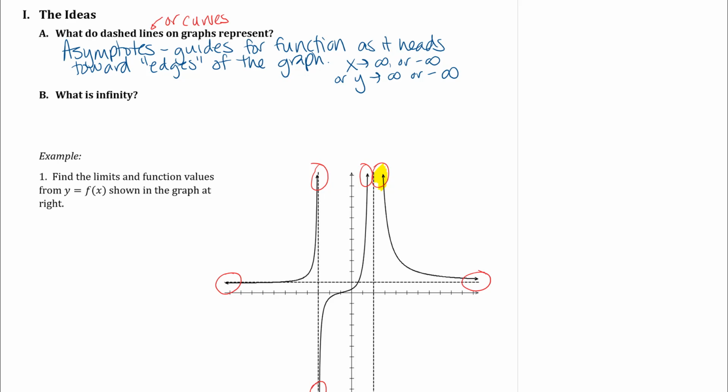Unless you see something that indicates that the graph stops or that the graph has some different asymptote, you would assume that because there's an asymptote there and because there's an arrow there, that that would indicate that that graph does continue to approach that asymptote when we go off the graph. It's just that the window we're looking at the graph in, it doesn't get as close as it gets on some of the other asymptotes there.